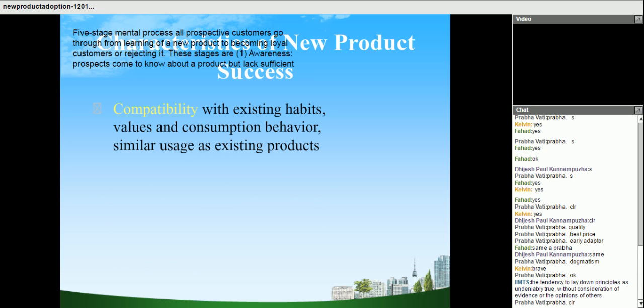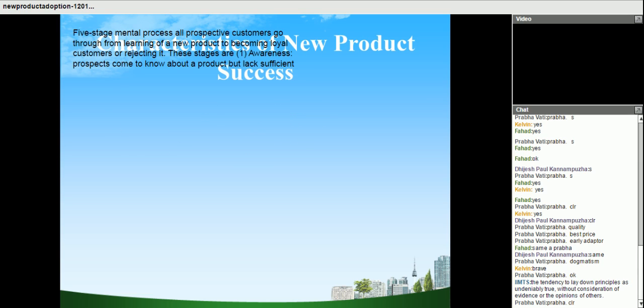Characteristics of a new product success. Compatibility with existing habits, values, and consumption behavior, similar usage as existing product. Right, so it means that the new product that we are launching should be compatible with the lifestyle of the market of people in which we are selling that product or services.